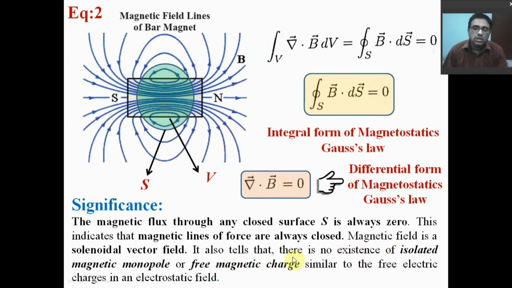It also tells that there is no existence of an isolated magnetic monopole or free magnetic charge, which is basically similar to the free electric charge in the electrostatic field. Okay, so this is the magnetostatic Gauss's law. So this is the second Maxwell equation.